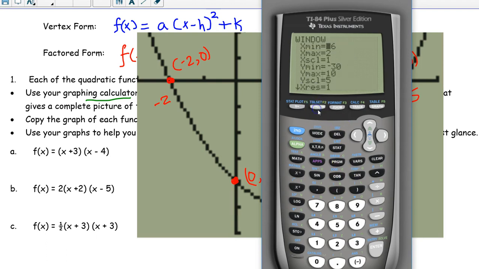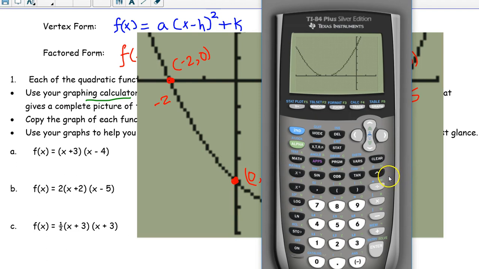Let us see. The scale is 1, that's okay, just -2 like I said. I don't need any y negative values. In fact, maximum either 6 or even 10 is okay, but let us see what happens when it is 6 and the scale is 1. Hit the graph.